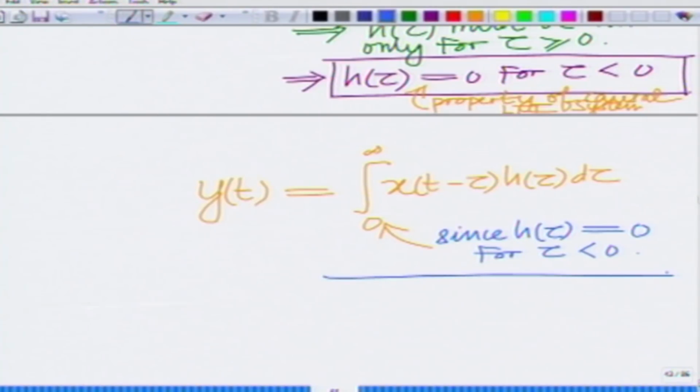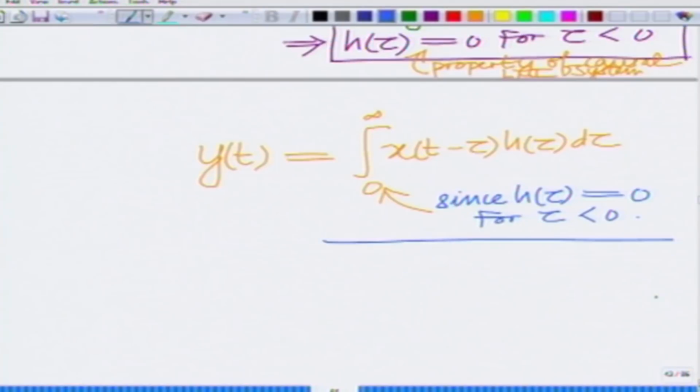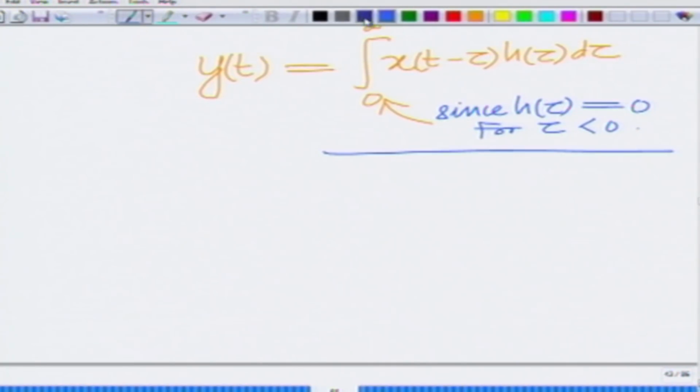This is the property of the impulse response of a causal linear time invariant system. Now let us look at another property, non-causality.